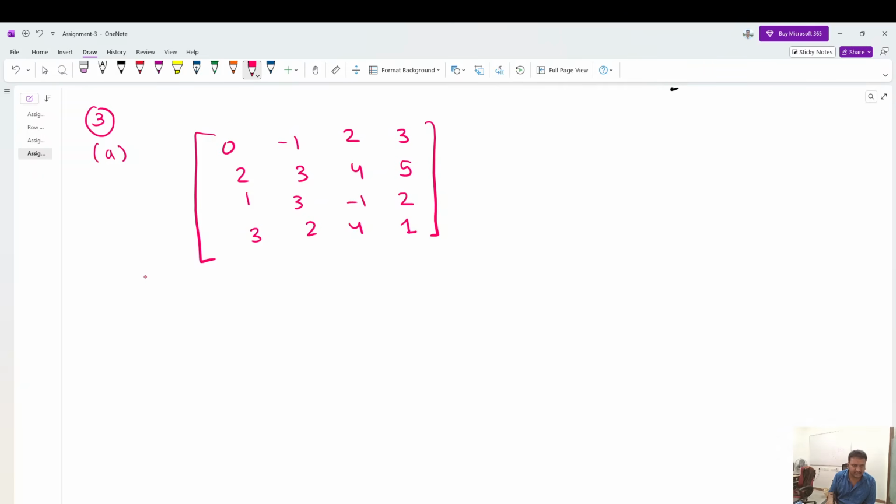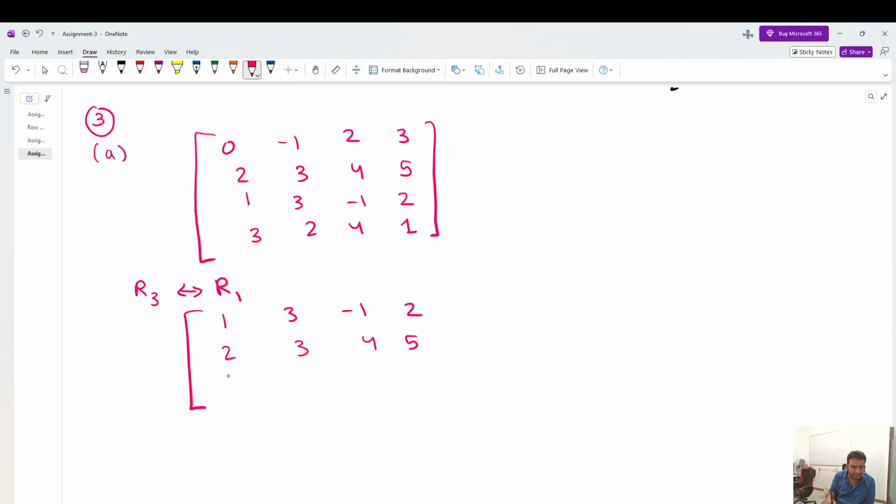So let me do this. R3, I want to interchange with R1. You can do R2 with R1 also, that's also fine. I just want to have a 1 above. That's all. 1, 3, minus 1, 2. This will be same, 2, 3, 4, 5.